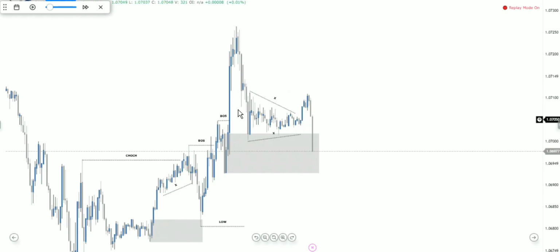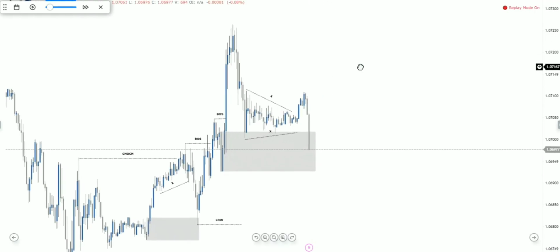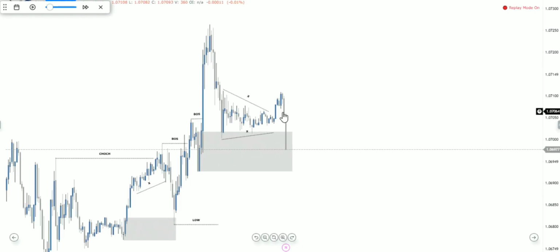So as you can see over here, price first took out the liquidity above, and now it's taking out liquidity below. Right, so this indicates to me one of two things, that the trend that's about to occur is going to be a very high probability trend or a very high probability trade.